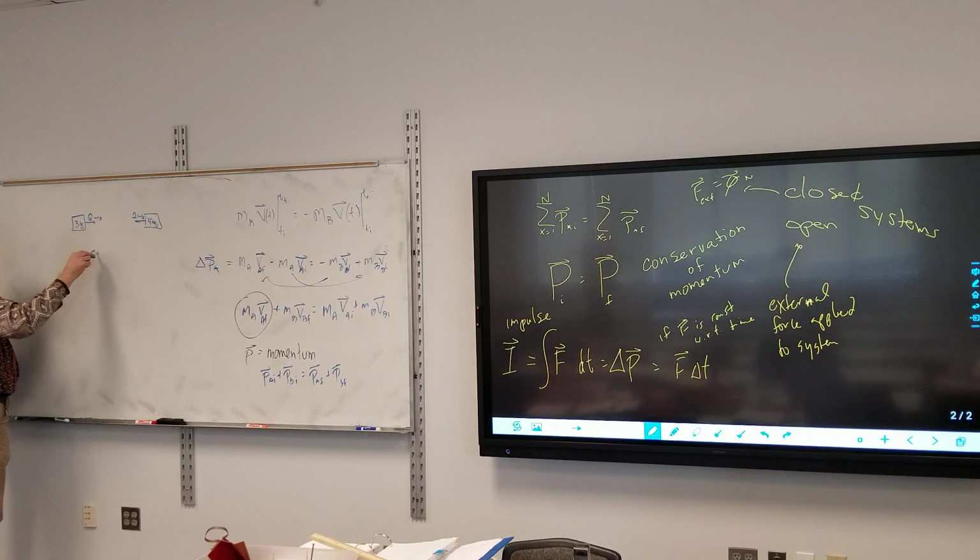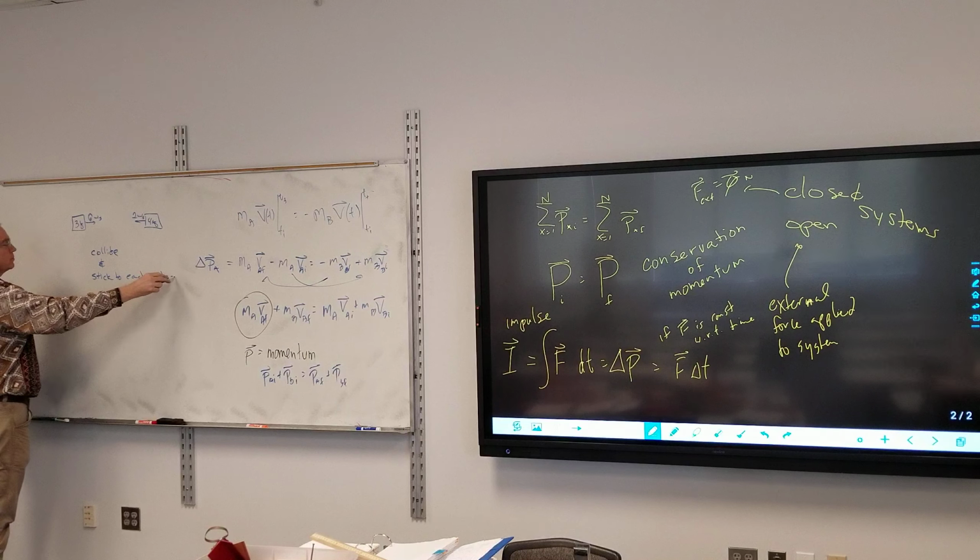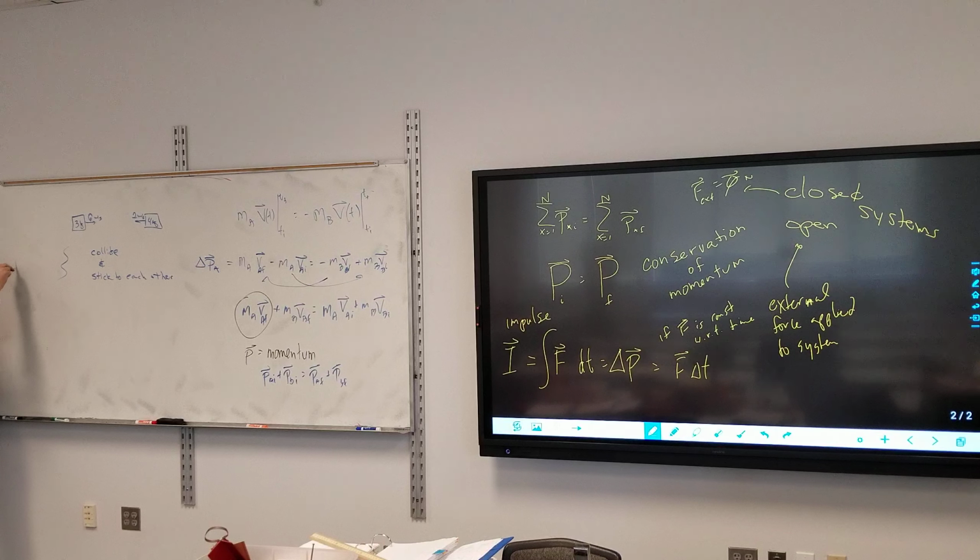They collide and stick to each other. This is known as a perfectly inelastic collision, which I will sometimes just abbreviate PIC.